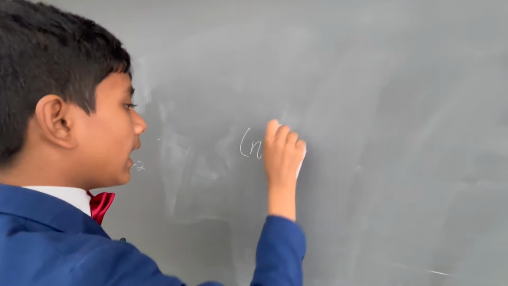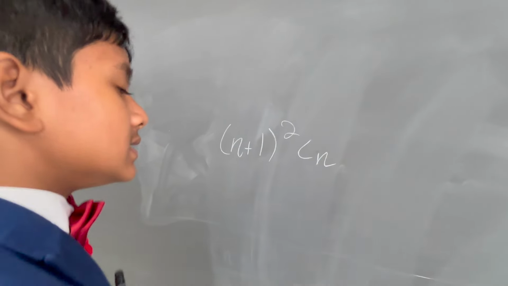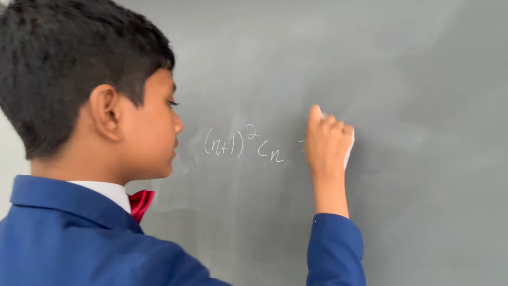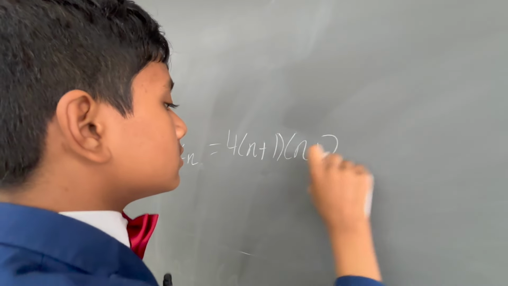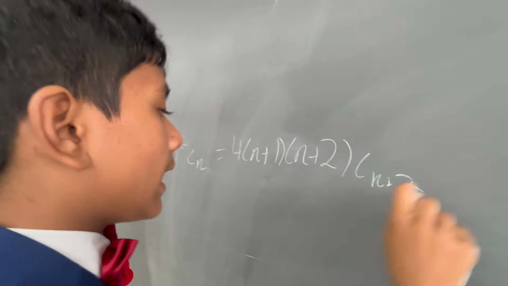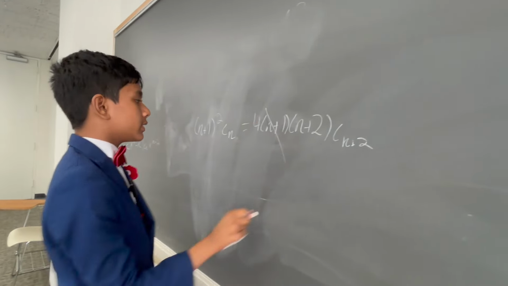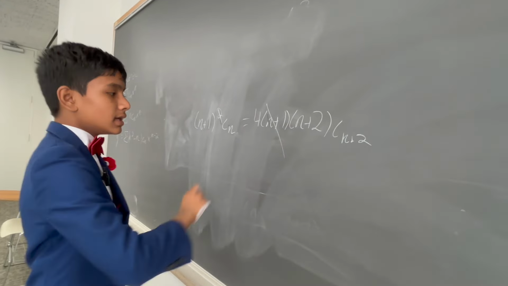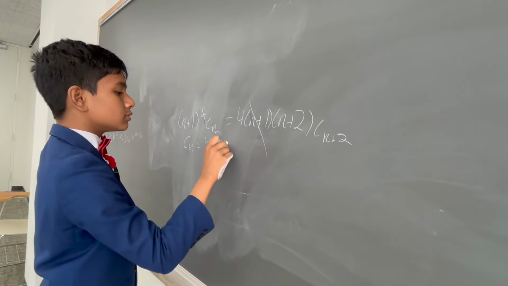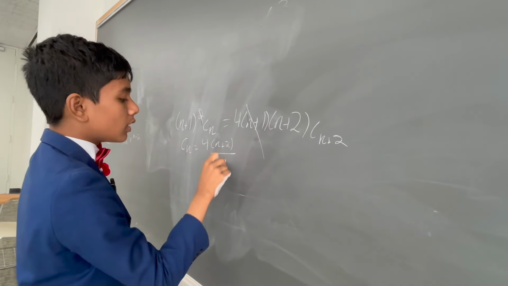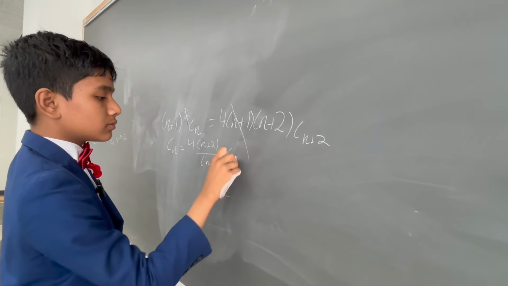That (n+1) squared c_n is equivalent to 4 times (n+1)(n+2) c_(n+2). Now all you gotta do is cancel these out. So c_n is 4 times (n+2) divided by (n+1) times c_(n+2).